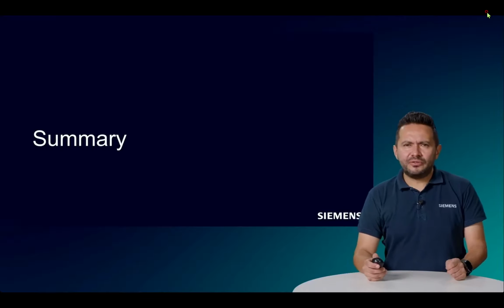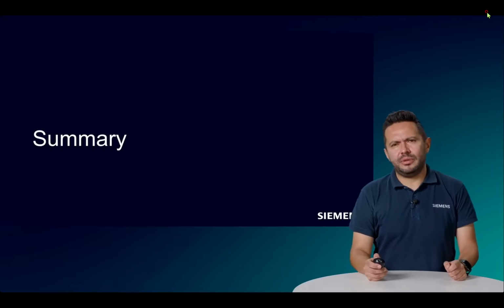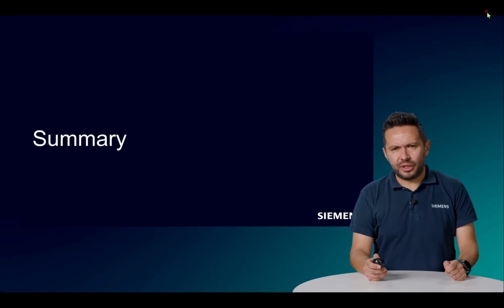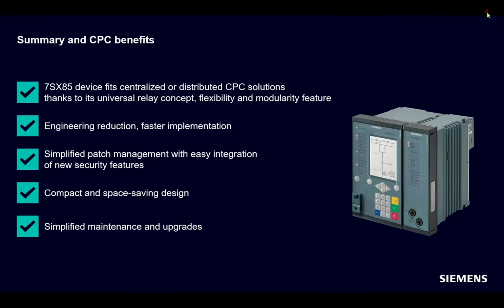Thanks, Jose, for such an interesting application. Now, to conclude this webinar, I would like to show you a summary of what we saw today. In this webinar session, we have seen how the 7SX85 used as a CPC perfectly fits various requirements such as data centers, small hydroelectric plants, and breaker-and-a-half substations in centralized or distributed configuration.